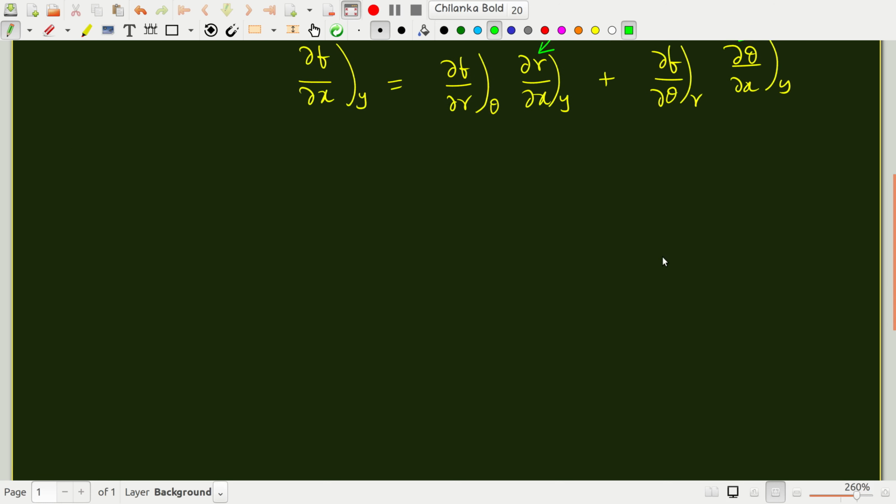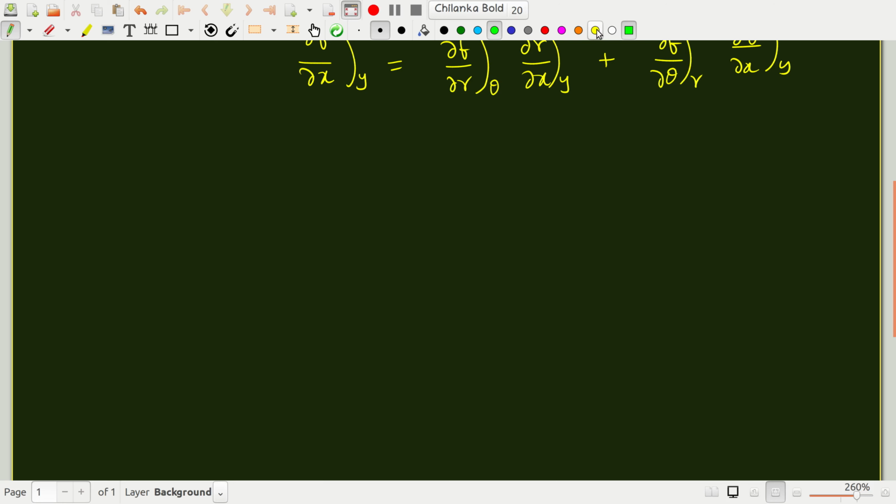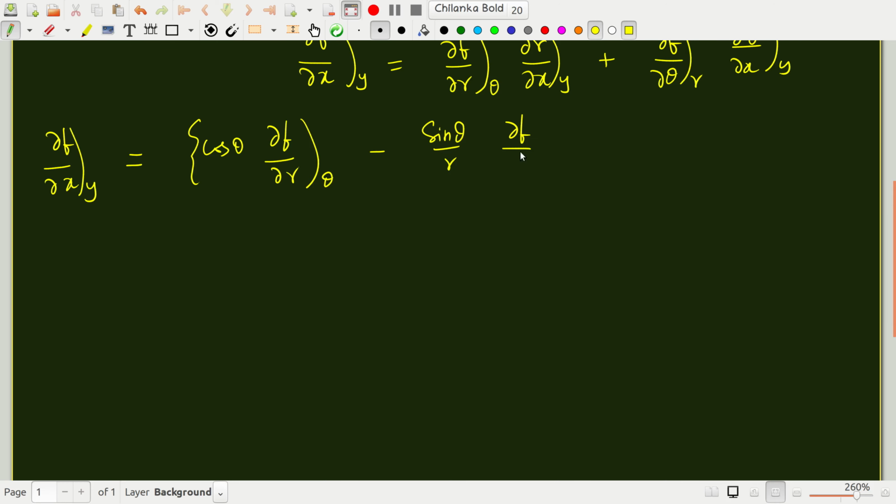When we did that, we obtained the following expression: partial f by partial x at constant y is nothing but cosine theta partial f partial r at constant theta minus sine theta upon r partial f by partial theta at constant r.